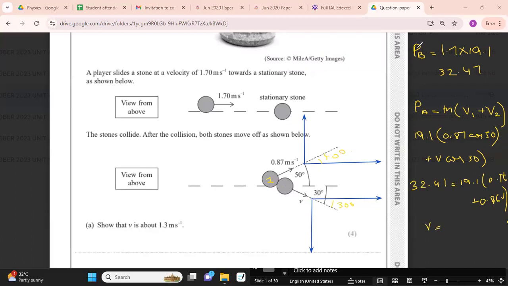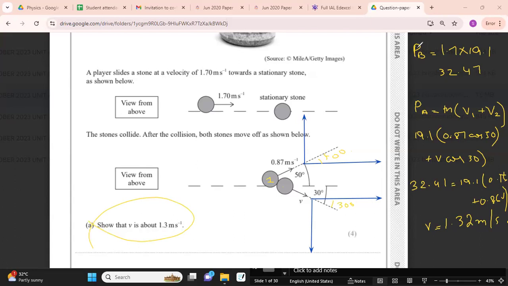So your final velocity is going to come out as 1.32 meters per second, right? So this is how you can solve or figure out how to find the velocity, right? And that's exactly what we had to do. We had to show that v is about 1.3 meters per second.